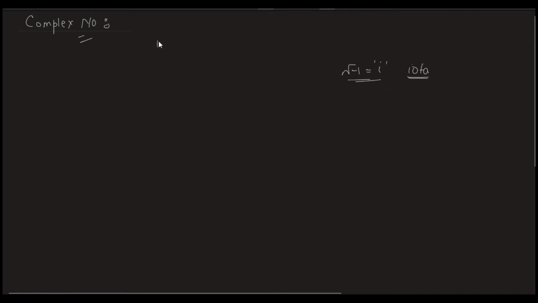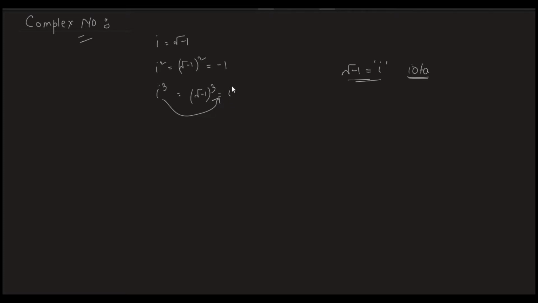As i equal to root over of minus 1, we can write i square equal to minus 1. Then i cube equals i square into i, and i square is minus 1, so minus 1 into i, that is equal to minus i.